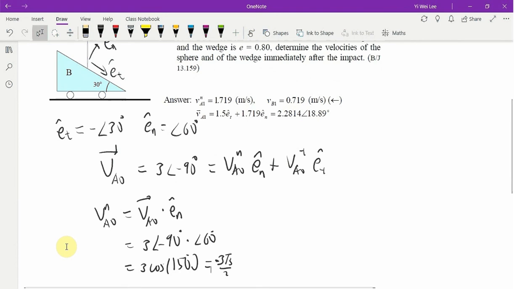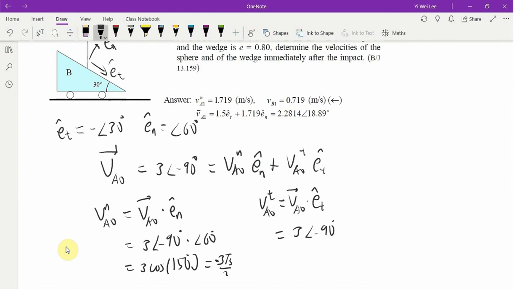So let's check. Yes. And my VA naught T, on the other hand, can be found by dot producting my VA naught with the tangential direction, which is parallel to the collision plane. In this case, my VA naught is 3 at negative 90 degrees dot product with ET. Now what is ET?